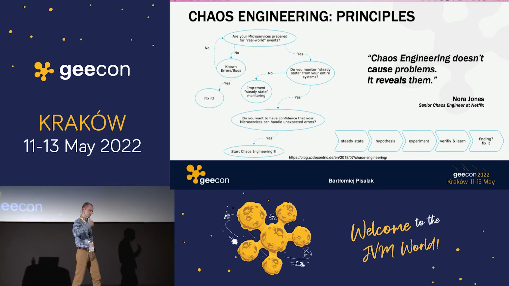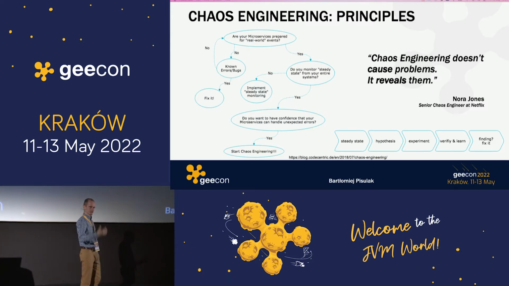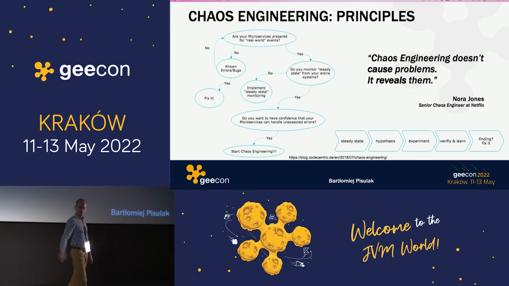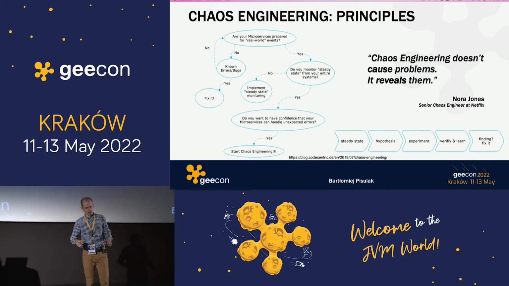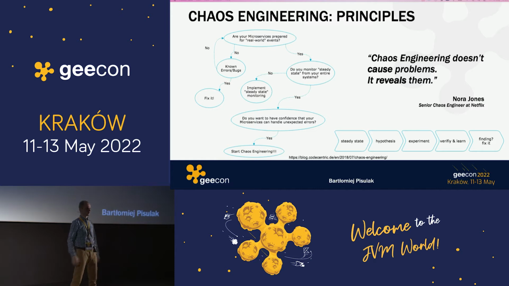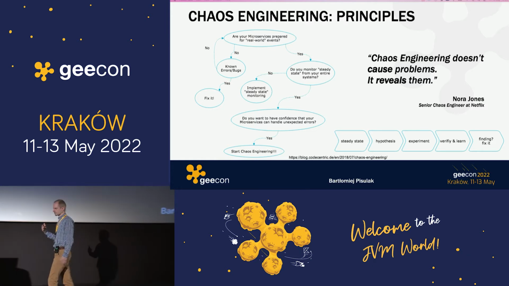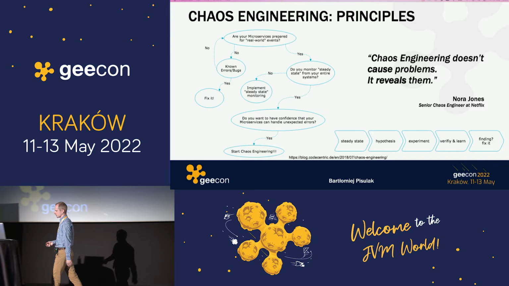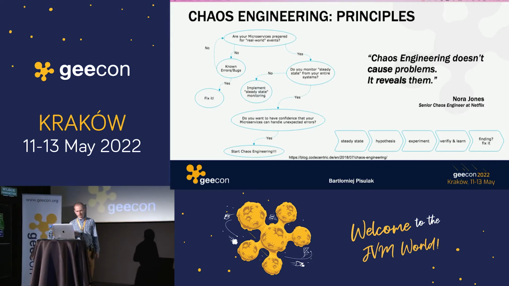You're fixing, you're improving, you're making it better, and then you come back to the hypothesis phase and define a hypothesis that reaches a little bit wider part of your service or your application. So basically, you are increasing the radius of the damage that you would like to do to your system. And that's a typical chaos engineering process that could be introduced.